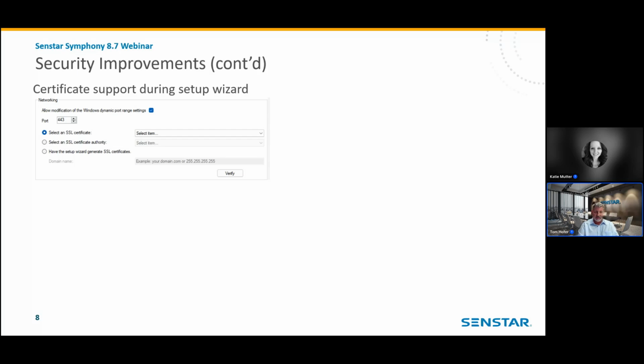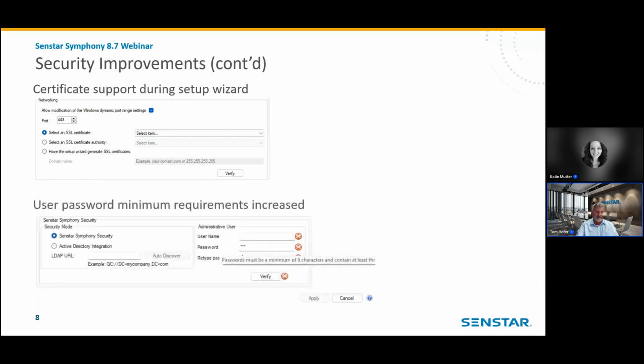So you can basically now in the setup wizard already decide that and don't have to do it later on, and you start from scratch with a real certificate, maybe self-signed or not. There's different steps that you have to go through with self-signed versus having a certificate or authorization. But it's there now, and then you can easily apply it. It makes it a lot easier for you when you install it.